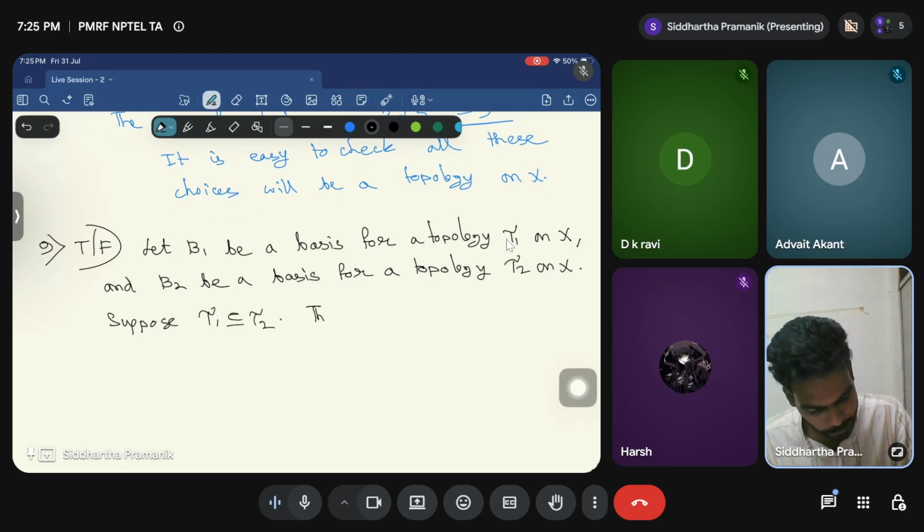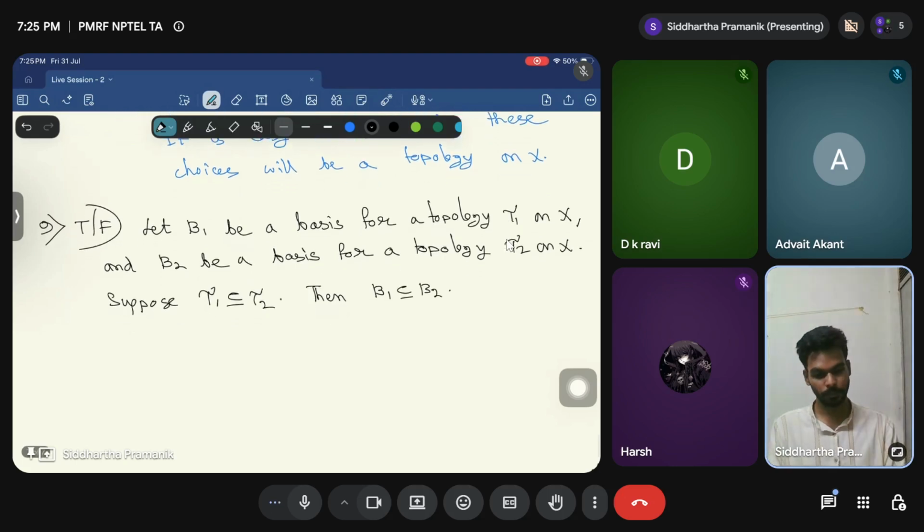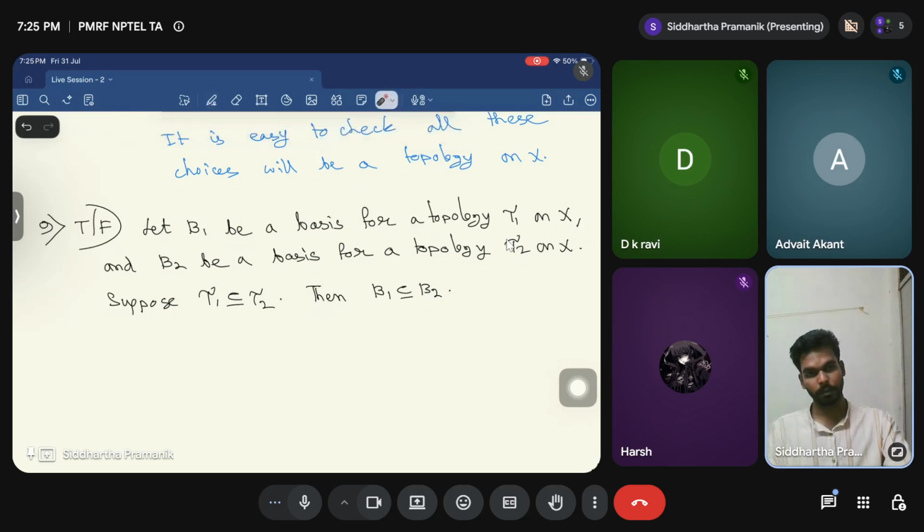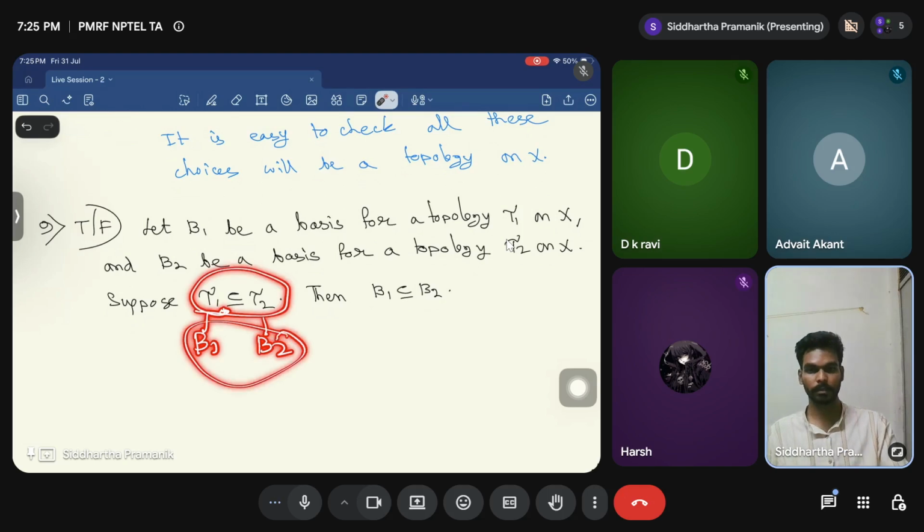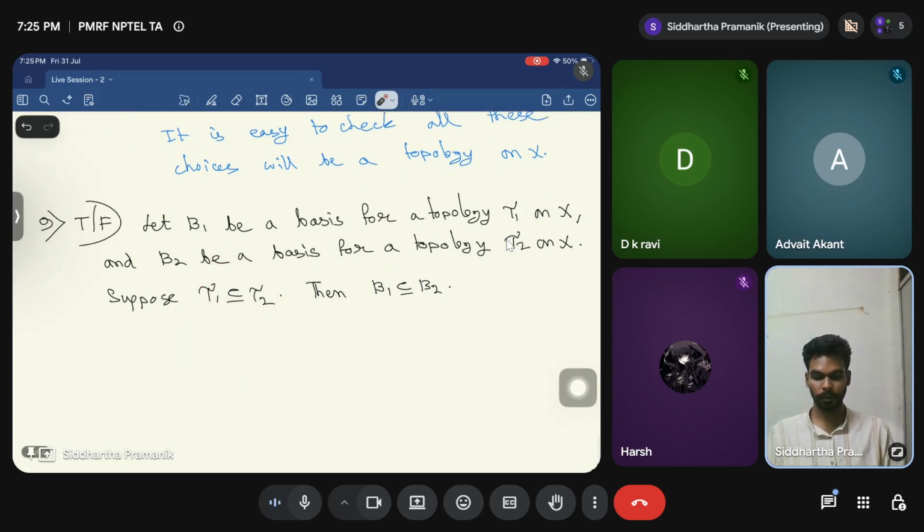Then can we say B1 is also smaller than B2? Is it true or false? So B1 is a basis for tau1, B2 is a basis for tau2, and tau1 is a subset of tau2. Can you say something about the basis? Is B1 smaller than B2? Try to think.